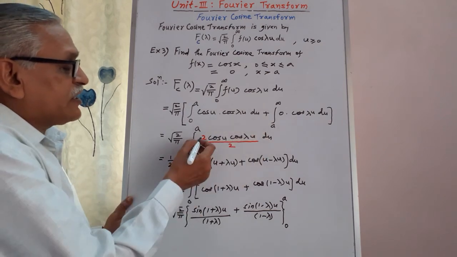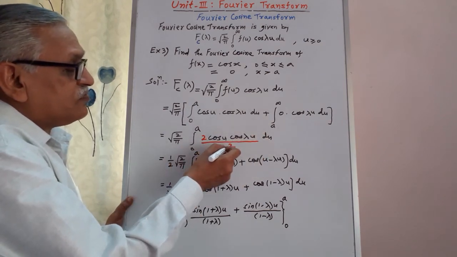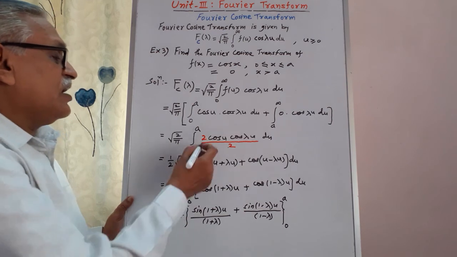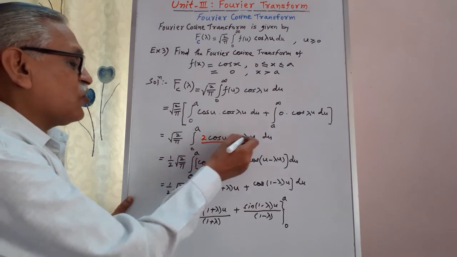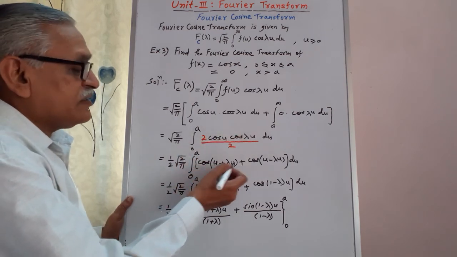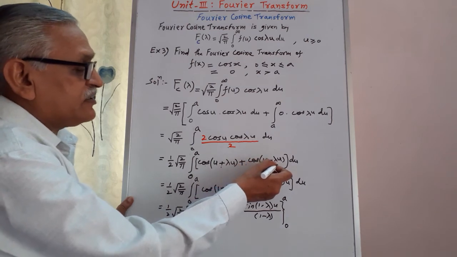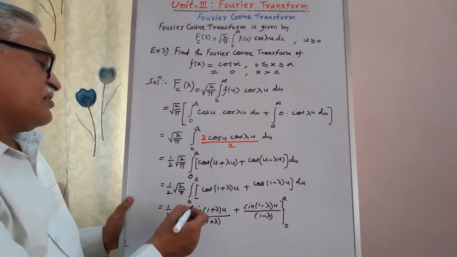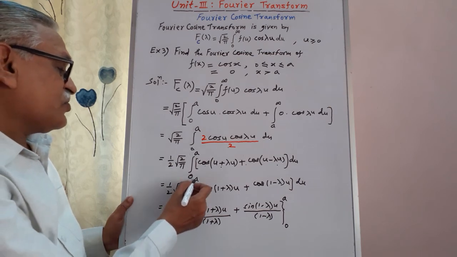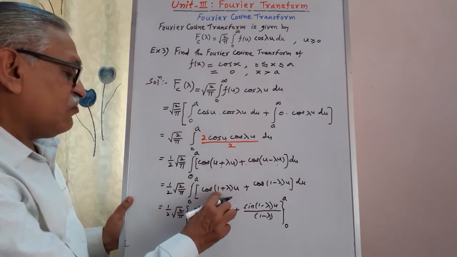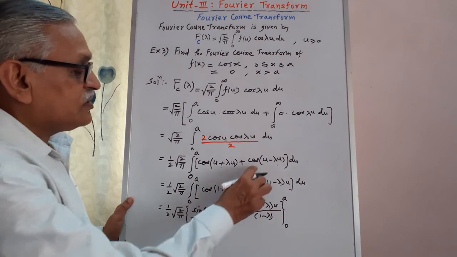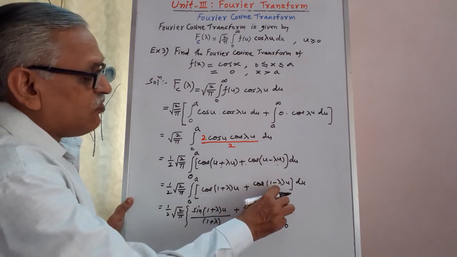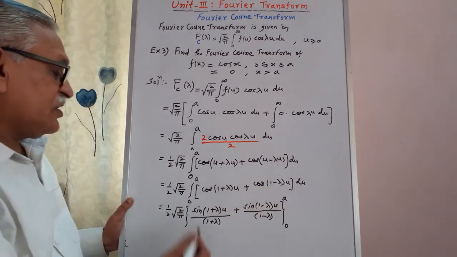multiplying by 2 and dividing by 2. Then applying the formula 2 cos A cos B as cos A plus B plus cos A minus B, limit from 0 to a, integral from 0 to a cos of 1 plus lambda times u plus cos of 1 minus lambda times u.